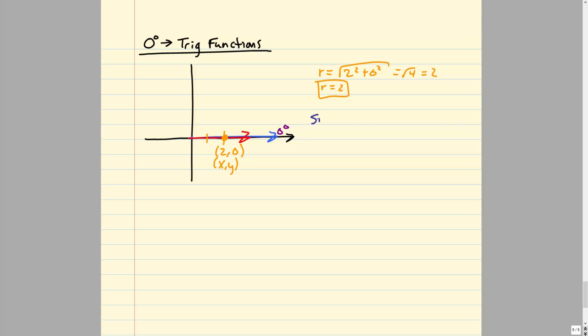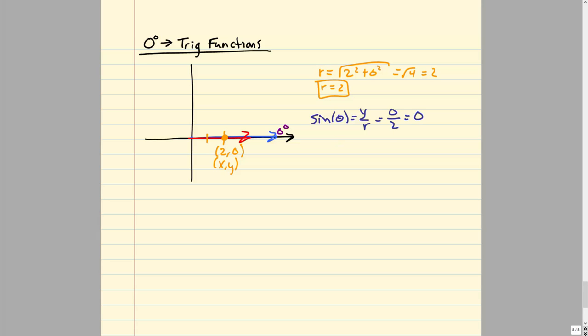So sine of theta is x over r. And in this case, x is 2, so 2 over 2. I'm sorry, sine of theta is y over r. Getting ahead of myself. Sine of theta is y over r, so it'd be 0 over 2, which is 0.